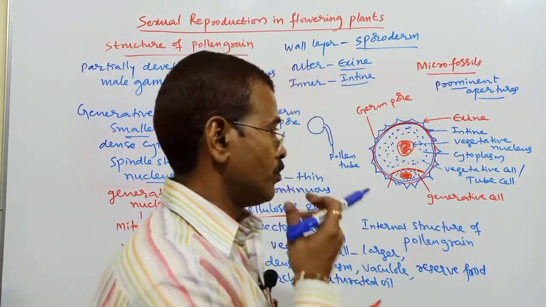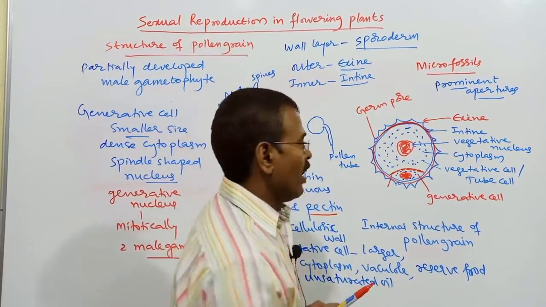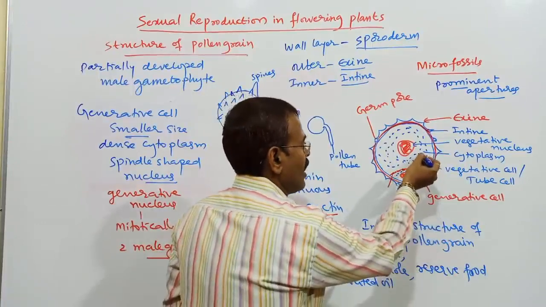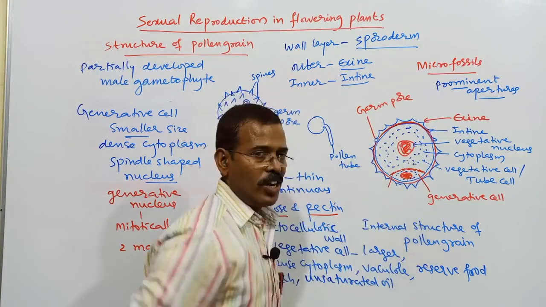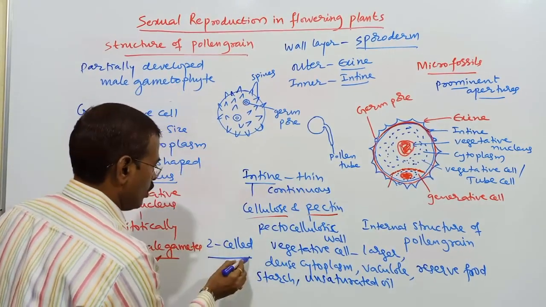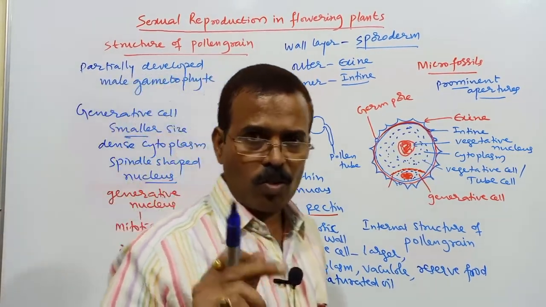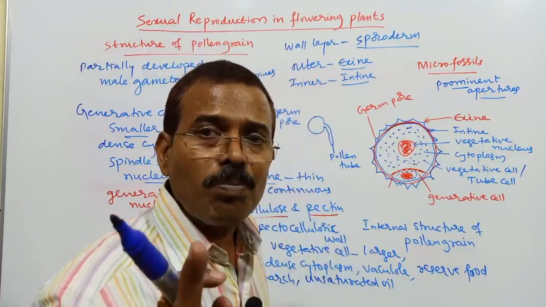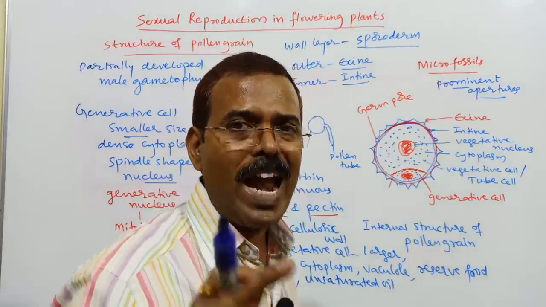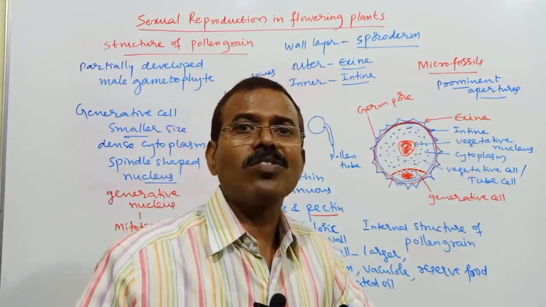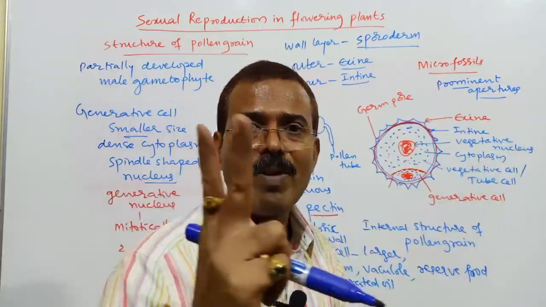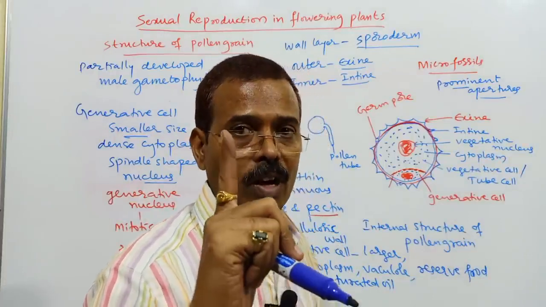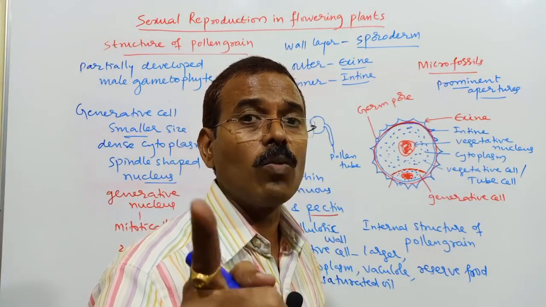Now listen. In a pollen grain, when there are a vegetative cell and a generative cell, it is called a two-cell stage. In 60% of angiospermic plants, when the pollen grains are shed, they will be in two-cell stage, containing a vegetative or tube cell and a generative cell.